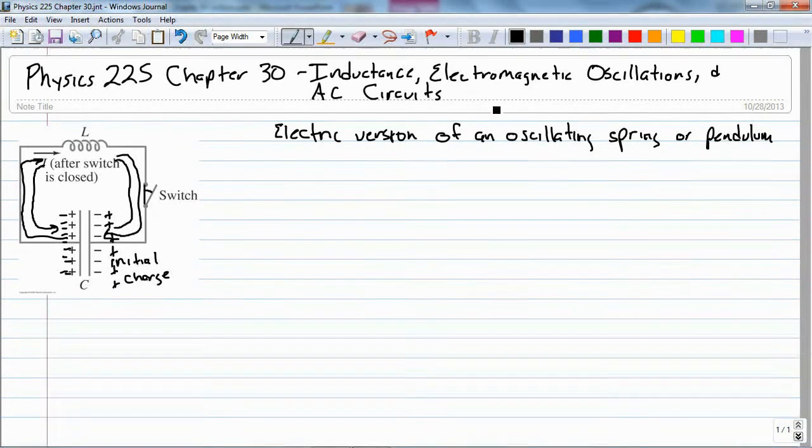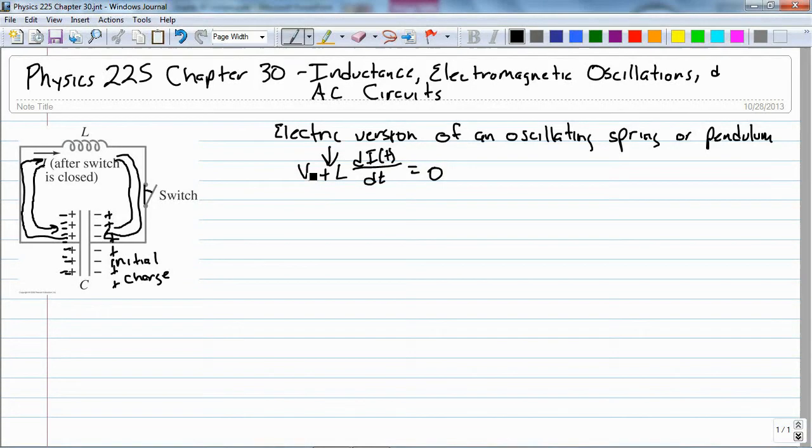And we'll find that the equations are very similar to those. So we can write the equation as the voltage of the capacitor plus the inductance times the derivative of the current, and that's got to be equal to 0. Remember, this is because of Lenz's law.